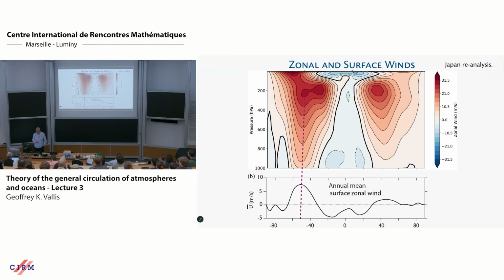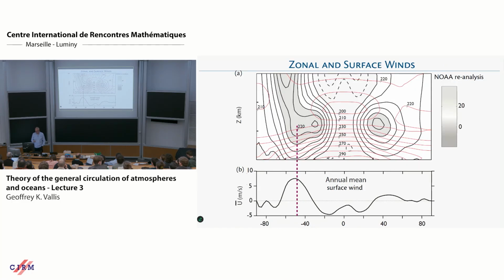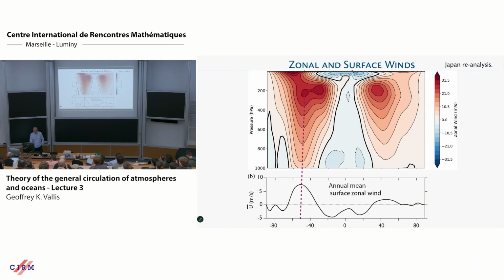And here it is again, just different. This one was a NOAA reanalysis, just to show you that it's not dependent upon who is fiddling with the data. This is a Japanese interpretation of what the data is. And it coincides more or less with the surface wind because there's a convergence of momentum, which we'll talk about soon.